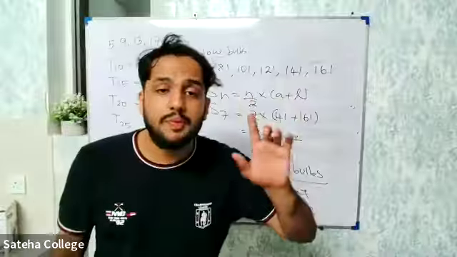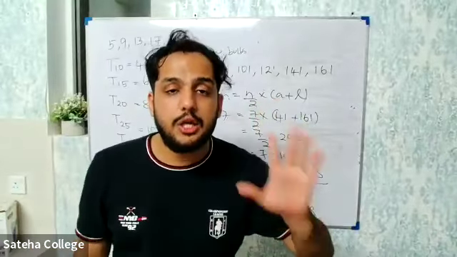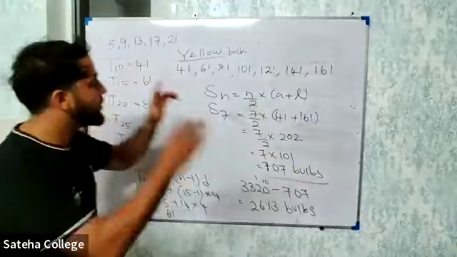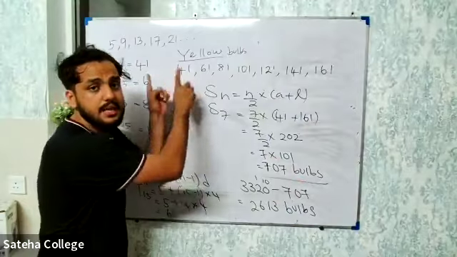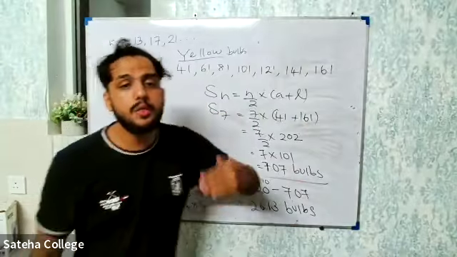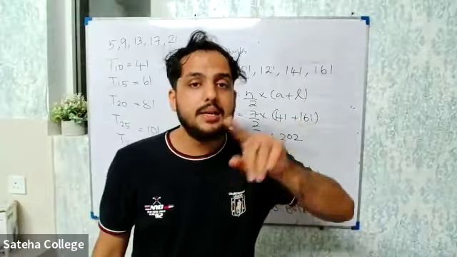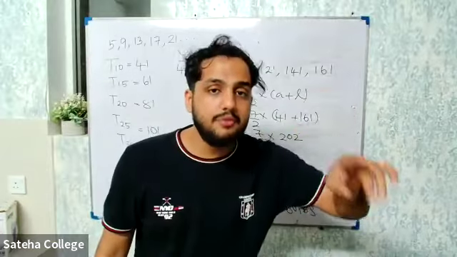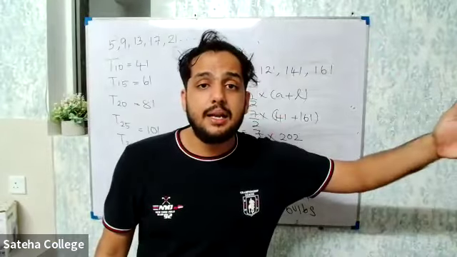So in Roman number 1, we found out that the 10th circle has 41 bulbs. We know the common difference is 4, so the 11th circle will have 45, then 12th, 4 more each time.